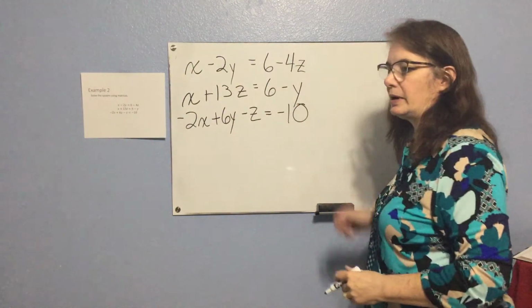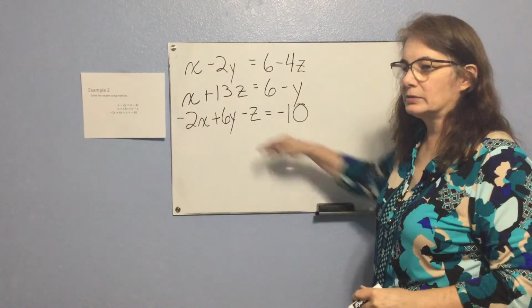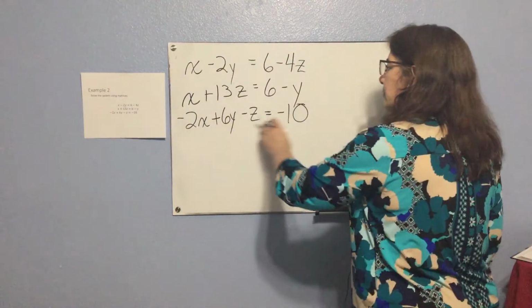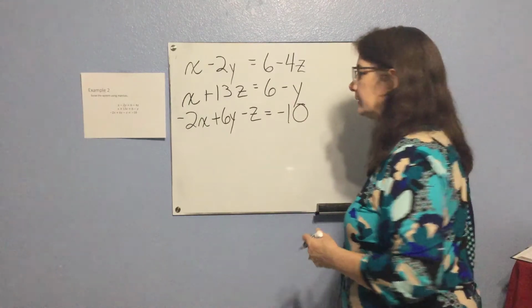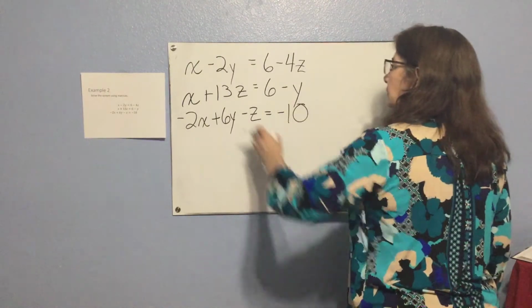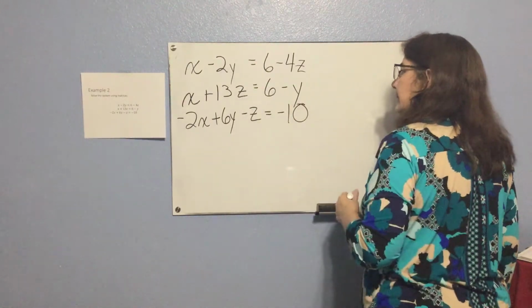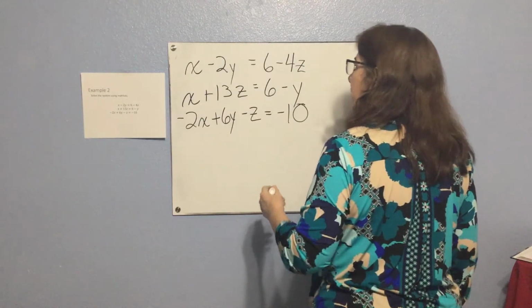Of these three equations, only the last one is in the correct format to be converted to a matrix. So we'll look at these other two and rewrite them in correct format.